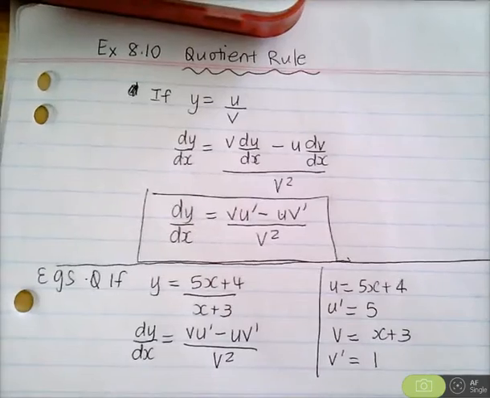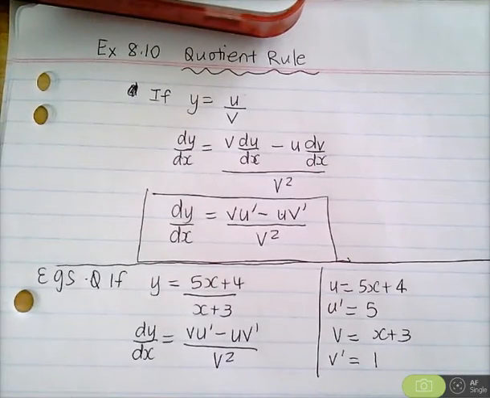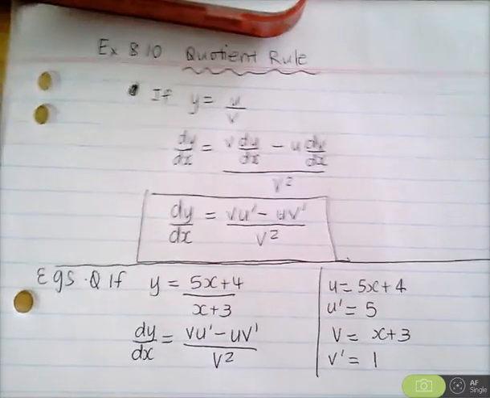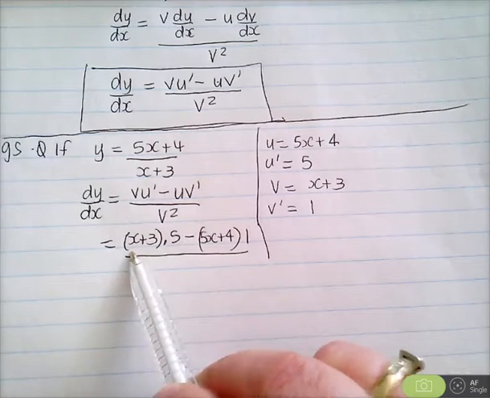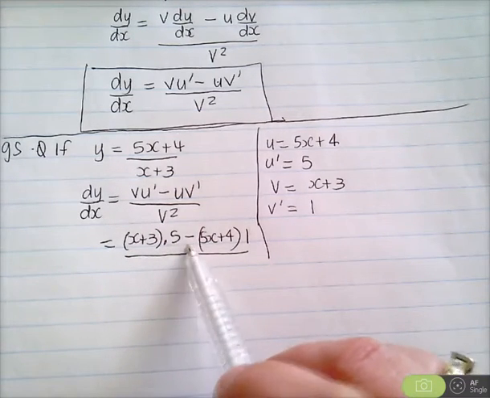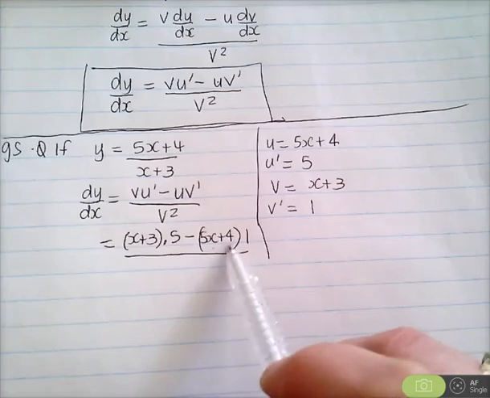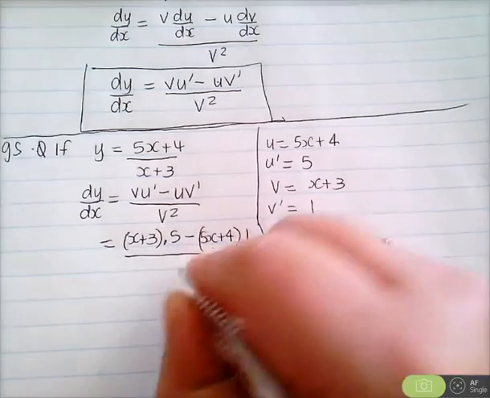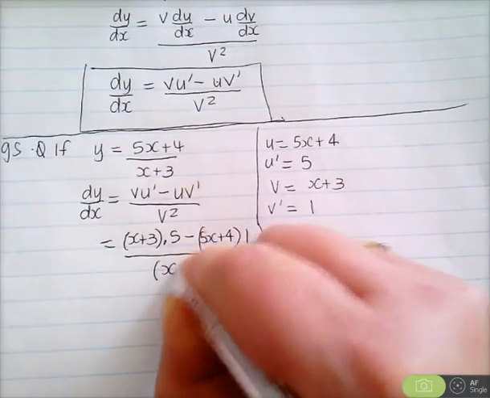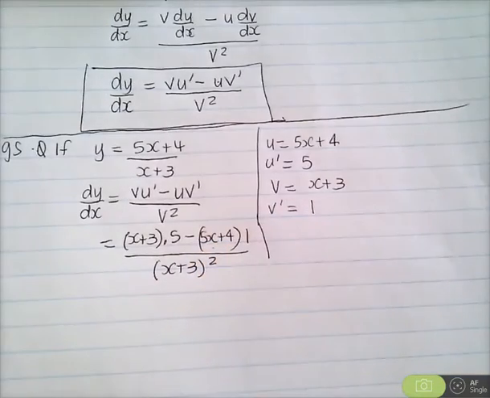All right, is the board too low, is that why? Oh, one sec, put it in. v is x plus 3 times u dash is 5, minus u is 5x plus 4 times v dash is 1, over v squared, which is x plus 3 squared. Now, you never expand the denominator. Do not expand the denominator.